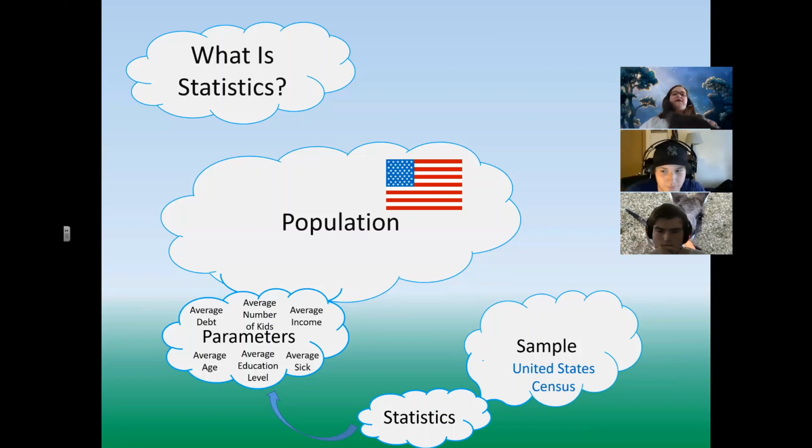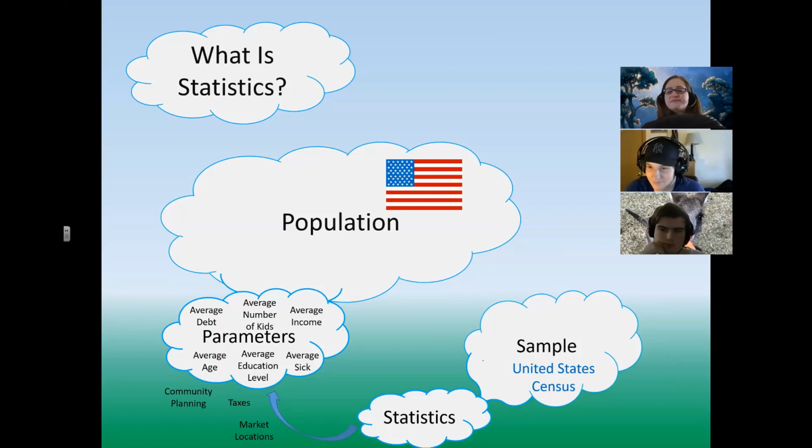And the government uses this data for taxes, community planning, figuring out market locations, and businesses will use it. Squirrel, you're not a business.